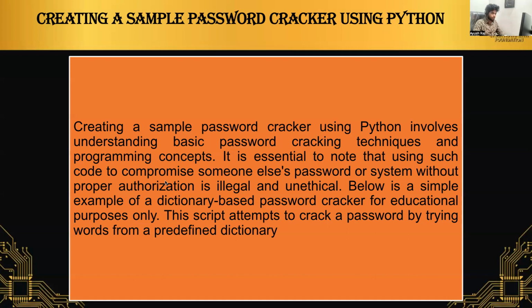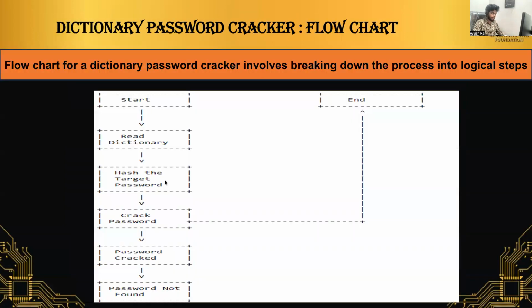So the next slide. Before starting it, we will understand the flow of the program. These are the diagram. In this diagram, you can see it is starting from the start box. After that, the flow proceeds, and in the next box you can see there is read dictionary.